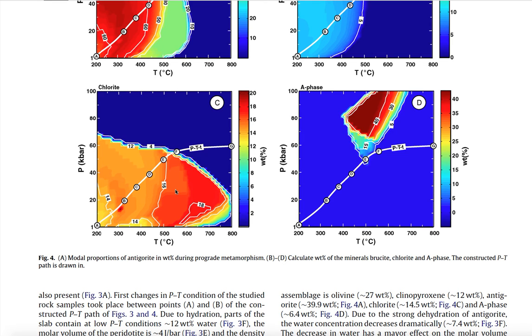We have 16% here, and here we have even 18%. So, and that is the small field of the A phase. We got only a little bit of A phase inside the investigated rocks, because the pressure in our PT path is not high enough. So, and these are just theoretical calculations which you can do. Totally easy, but you need a lot of knowledge and experience to do that.